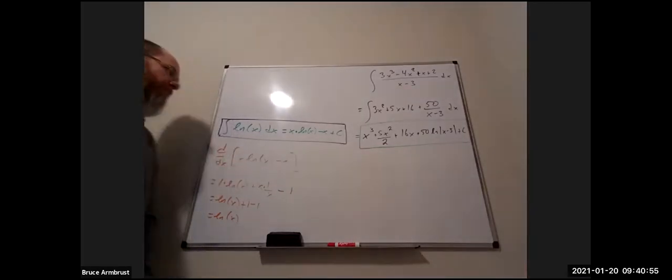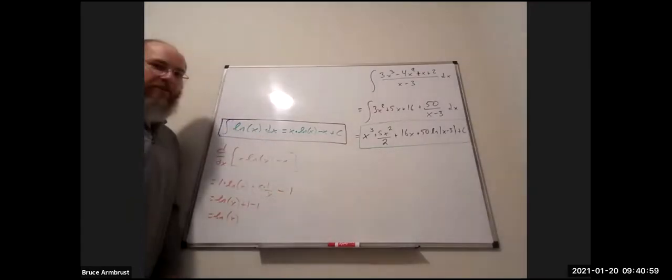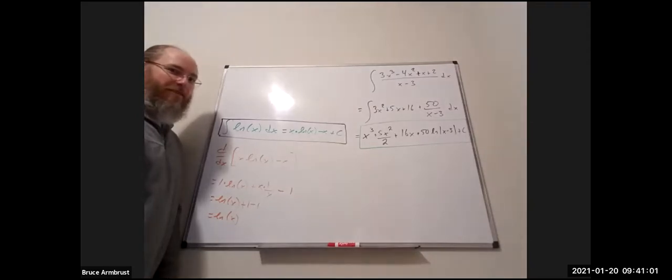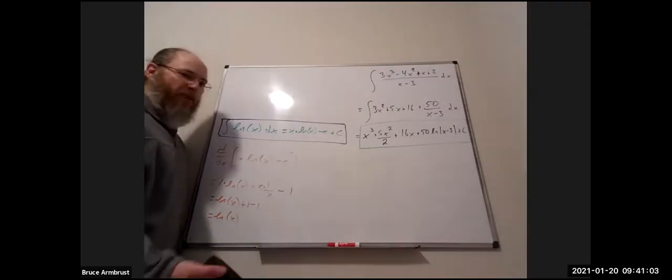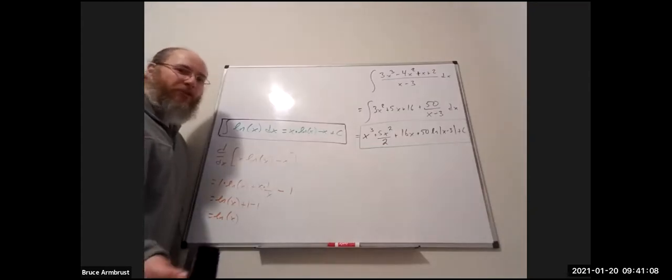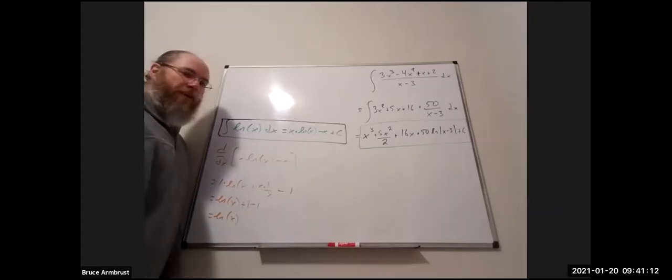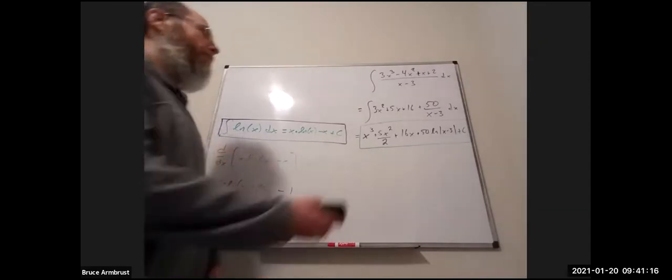All right, well, cool. We now have the integral of natural log of x. What if it's a different base, like log base 2 of x or log base 10 of x? It'd probably be good to get a formula for that as well.